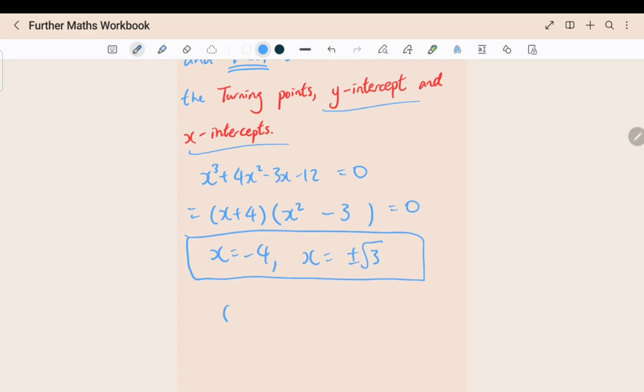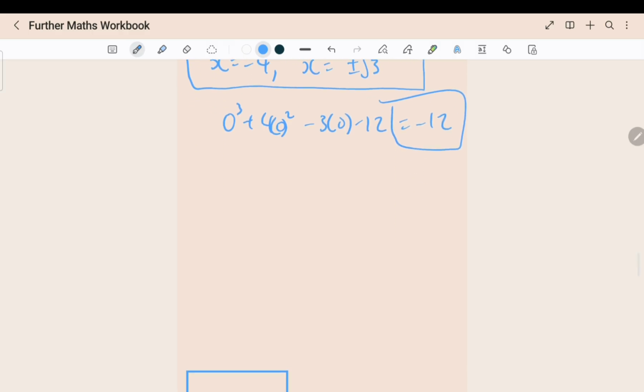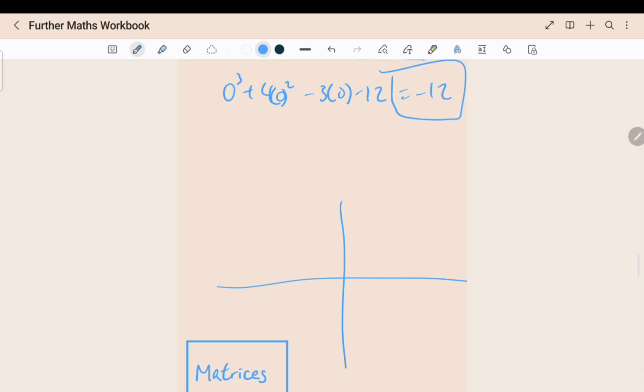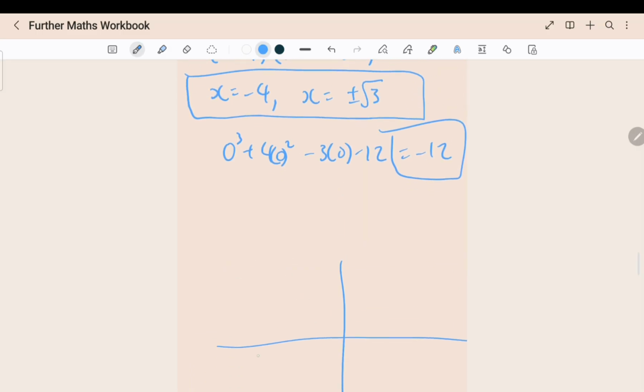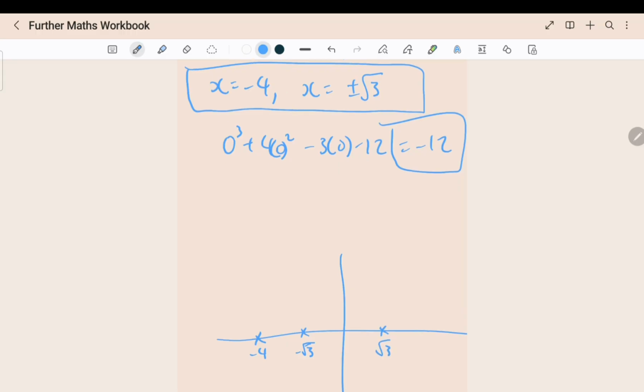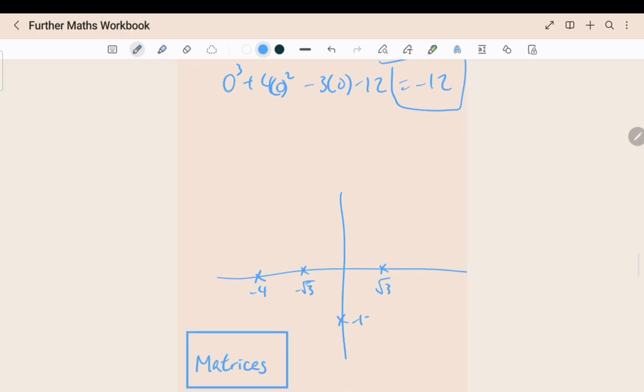So I just need to plug in 0 for all my x's. 0 squared minus 3 times 0 minus 12. That's equal to minus 12. So that will be my y-intercept. So if I draw my graph, it's going to go through minus 4, minus root 3, positive root 3, and minus 12.